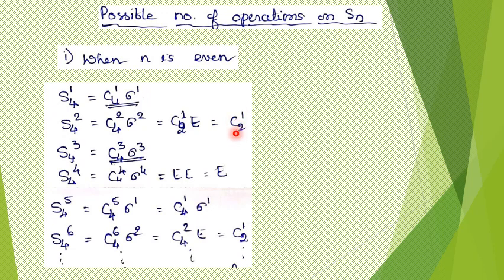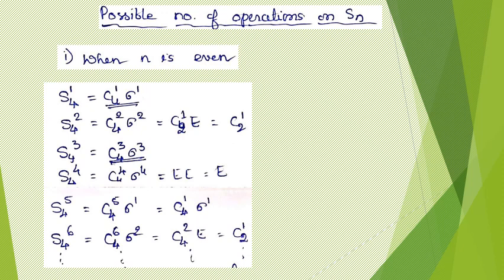C21. Fine. Okay, now similarly, I consider this S43 operation. S43 can be considered to be C43 into sigma 3. Now here, this C43 cannot be further simplified. It should be left as C43 itself. It cannot be written in any other way. Whereas this sigma 3, if I need, I can just write it as sigma.